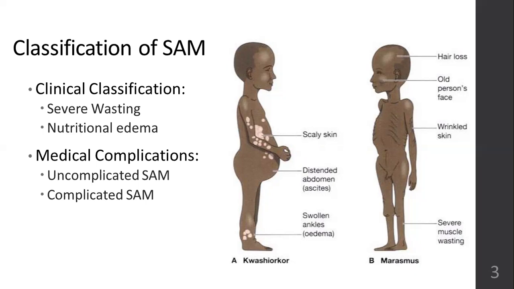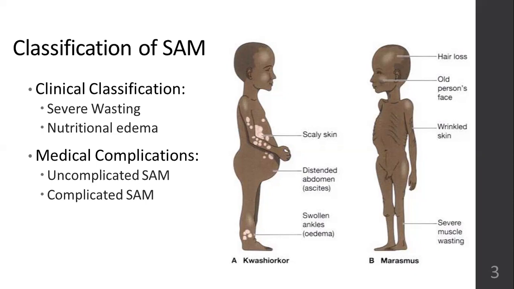But in case of complicated severe acute malnutrition, hospitalization is required. Clinical care is required. The child may have more than one infection, metabolic disturbance, severe anemia, severe vitamin A deficiency. If not treated, it can lead to complete blindness. So these cases have to be treated by a pediatrician in a hospital.